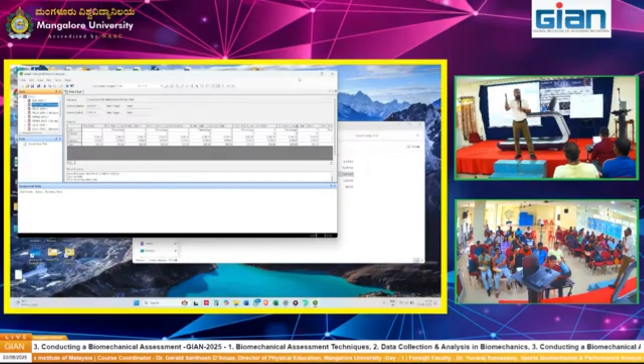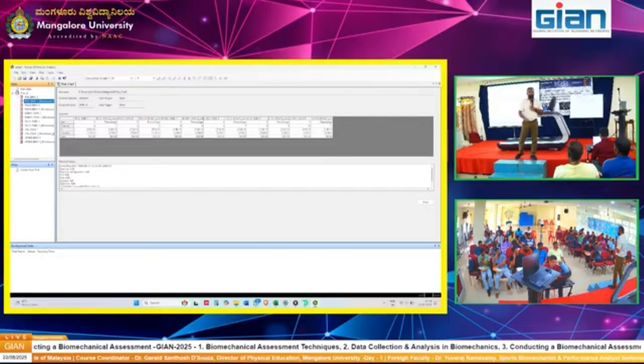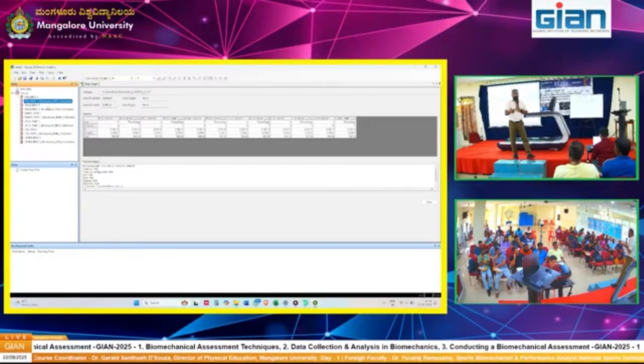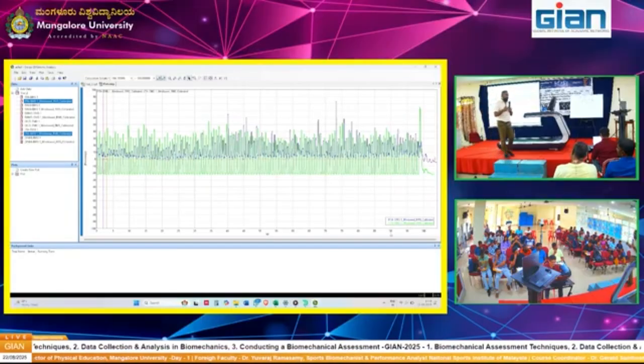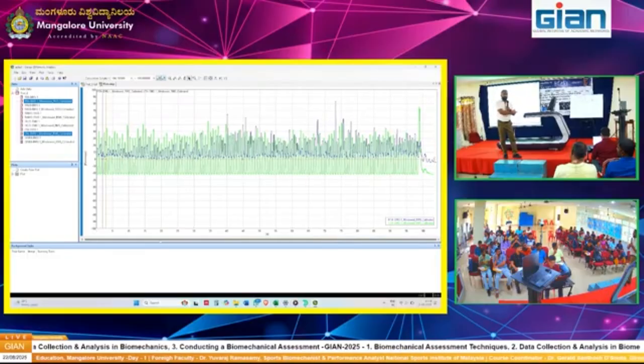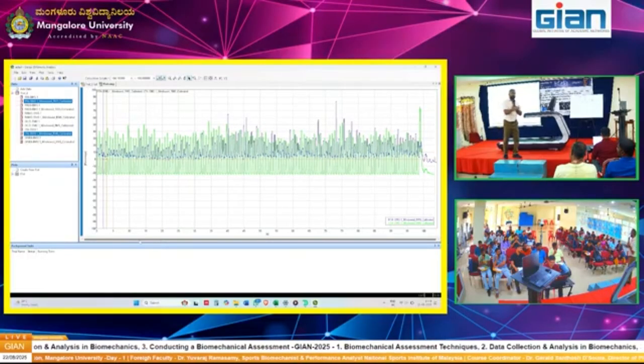Because before, we now have the current Noraxon system. We can integrate video, EMG, IMU, and a force instrumented treadmill. Integrated together, you can see the video, the kinematics, with IMUs everywhere, then the EMG and force sensor, ground reaction force.